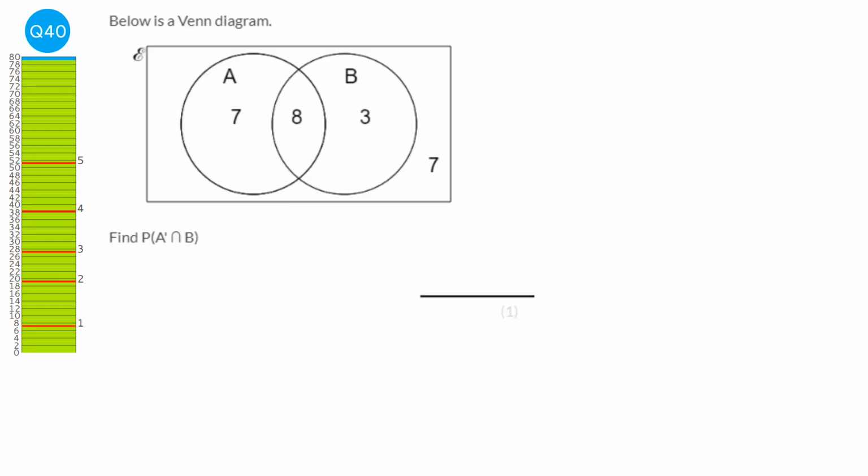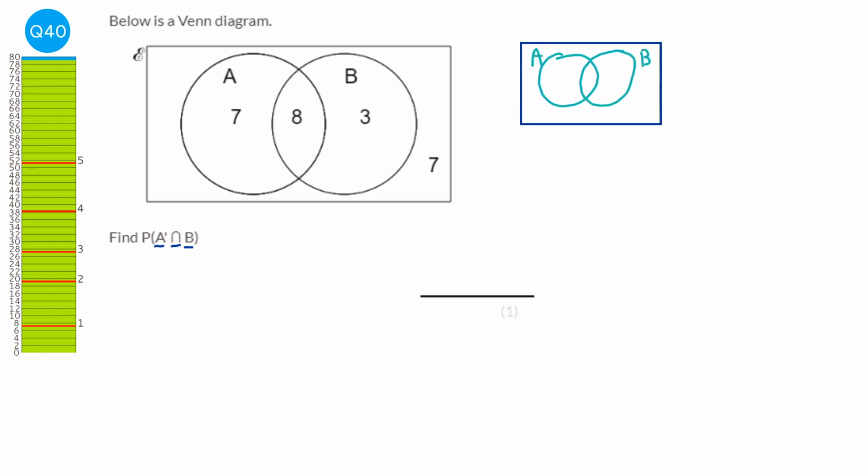So this question is asking us to find the probability of not A and B. So if we look at the, and I'm just going to quickly draw out a similar Venn diagram. So if this is A and this is B, then not A will be everywhere apart from A. So it would be all of this here.